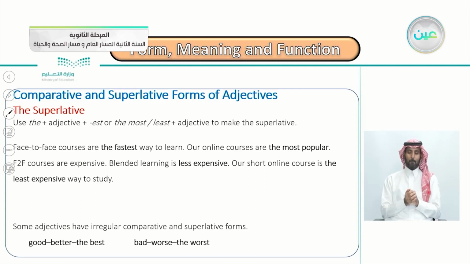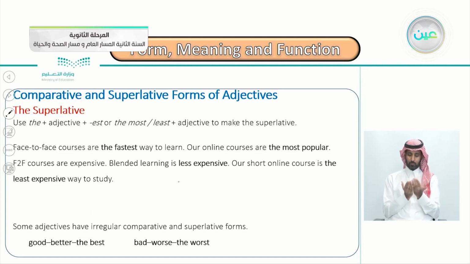Online courses are the most popular. We added the, then we write the word most, and we wrote the adjective popular. Face-to-face courses are expensive. Blended learning is less expensive. Our short online course is the least expensive way to study.